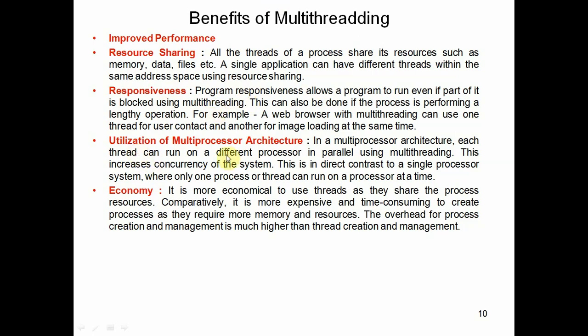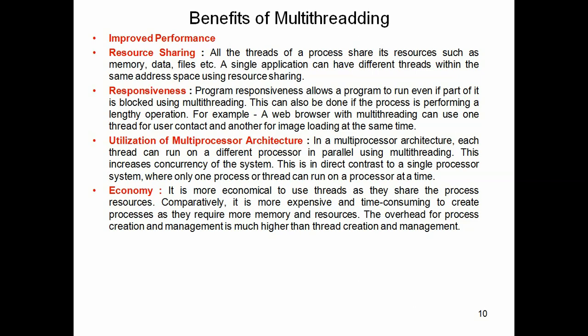Then utilization of multiprocessor architecture. That means, if you use a multi-core system and provide multi-threading, we can execute the program very fast, because we can supply one part to one CPU and another part to the next CPU.